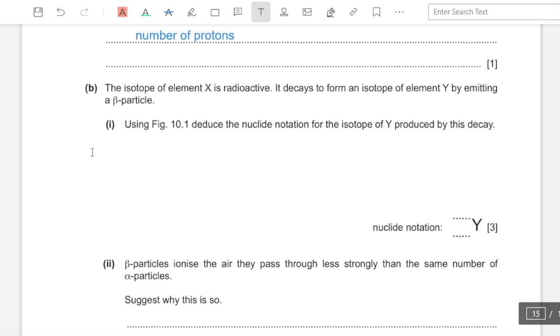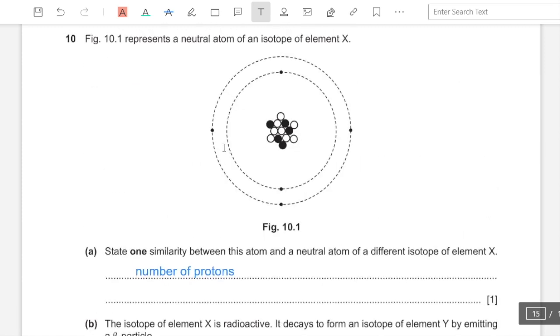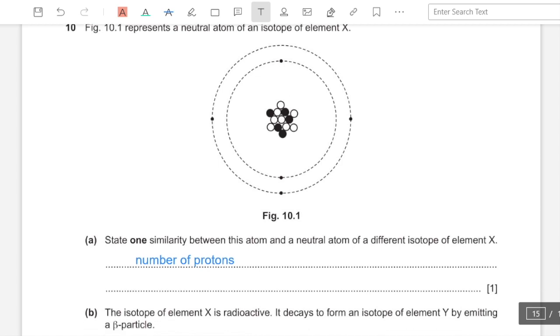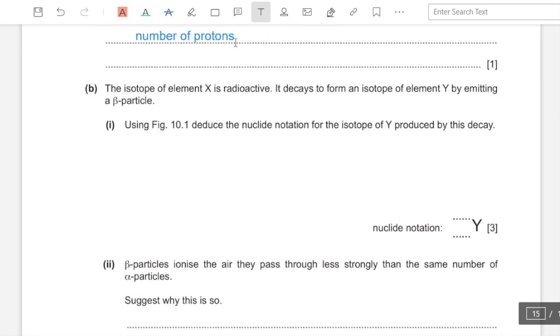B. The isotope of element X is radioactive. It decays to form an isotope of element Y by emitting a beta particle. 1. Using figure 10.1, deduce the nuclide notation for the isotope of Y produced by this decay. Alright, so here we have 5 protons and 1, 2, 3, 4, 5, 6, 7, 8 neutrons, which means the mass number is going to be equal to 8 plus 5.